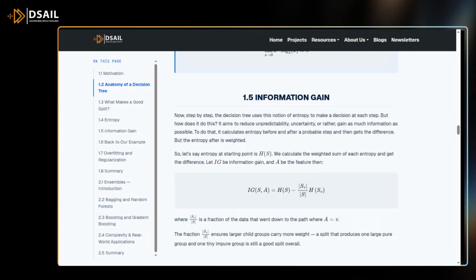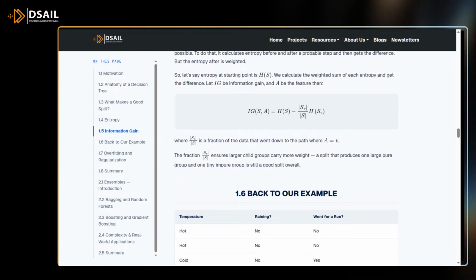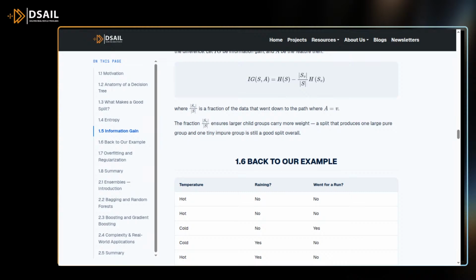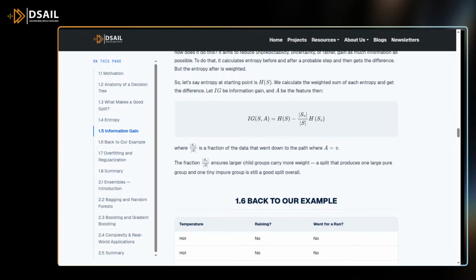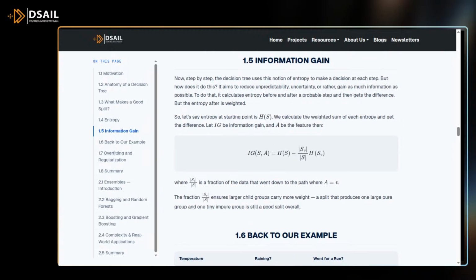So the tree calculates entropy before the split. We have the distribution as is, basically before doing the split, and that is what is labeled there as HS. HS is the entropy at the start. Are we together? Then we make a decision based on a given value of A. So let's say, for example, it's temperature. Are we together? So it's temperature, hot or cold.